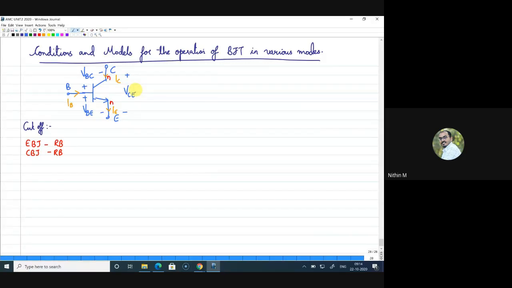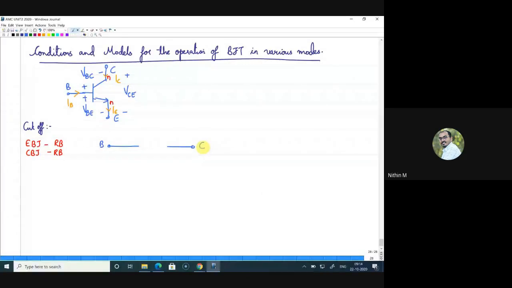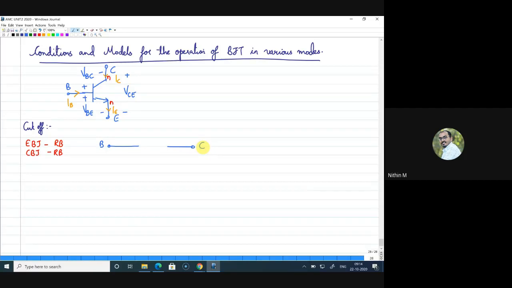Now in cutoff mode, we know that both junctions are reverse biased. So if you are asked to draw a model for that, these are the three terminals. Say this is base, this is collector, and this is the emitter terminal, right? Both junctions, the emitter base junction and the collector base junction, are reverse biased.